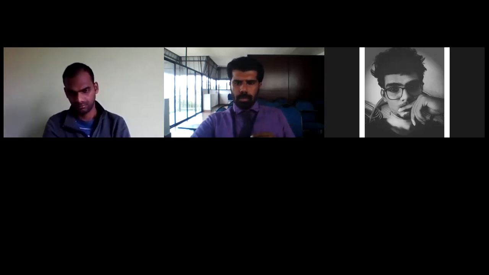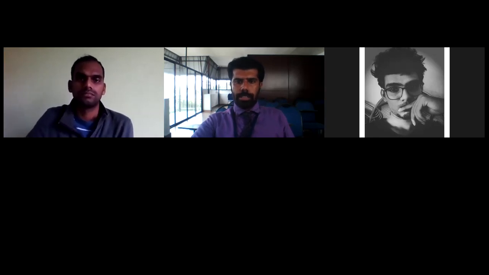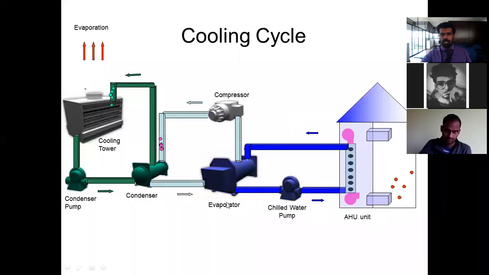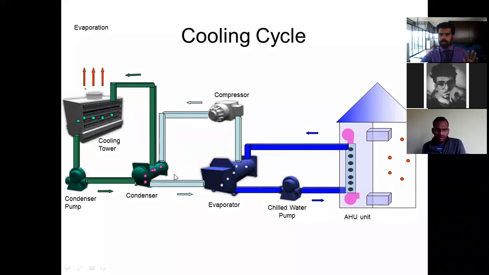Now, one more thing was, this section and this section combined are called the chiller. Okay, this plus this. Usually, this total unit is known as the chiller. But two operations are happening.